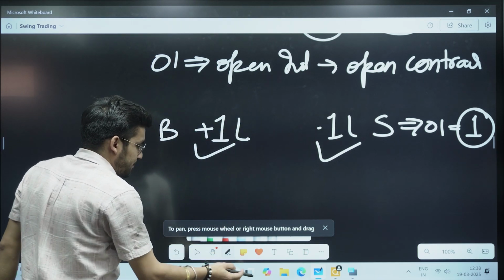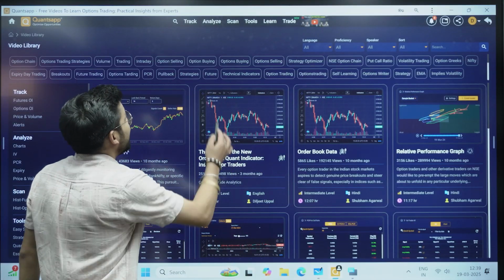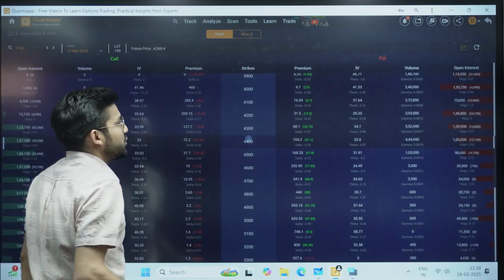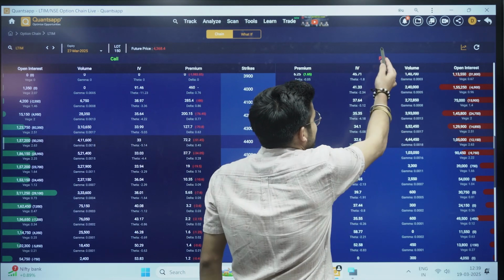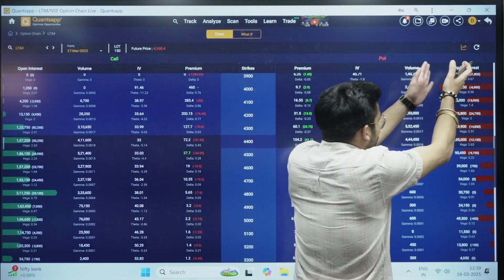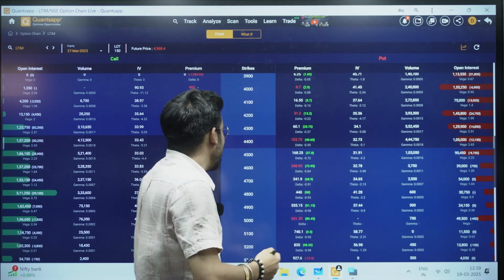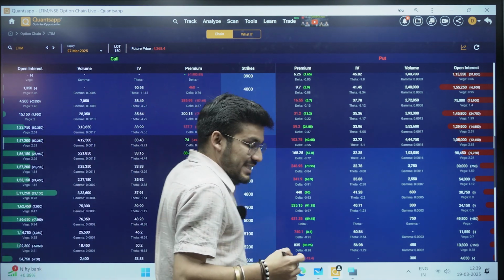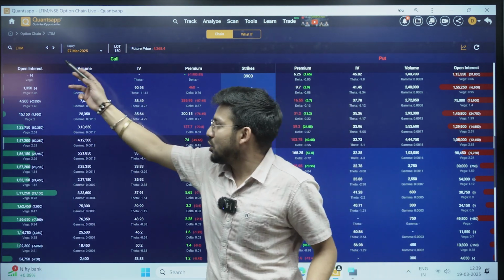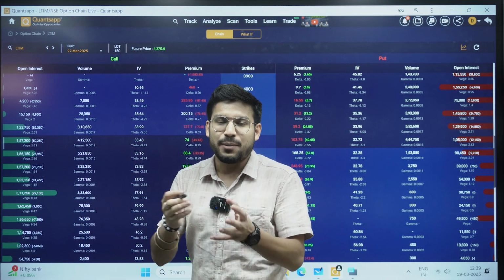Now let me open the Quantsap application, and here we will go in the option chain. You can see this is the put side. The overall open interest of put side, we will combine it. Similarly, when you see the call side, the overall open interest of call side, we will combine it.